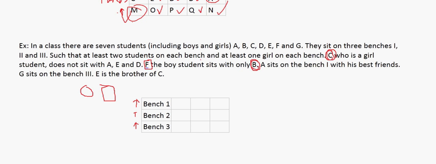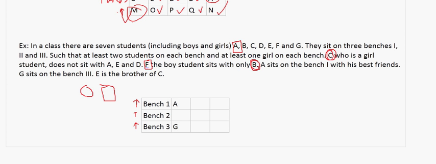A sits on bench 1, right? So let's put A here, with his best friends, which means A is also a boy, right? G sits on bench 3, G sits here, right?